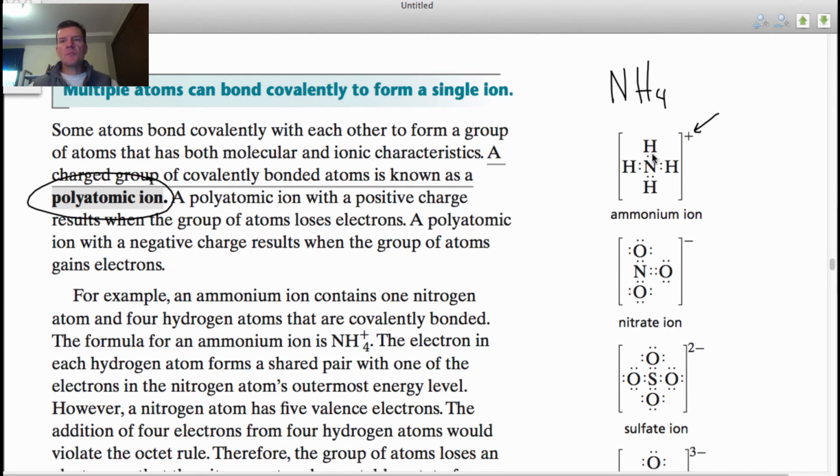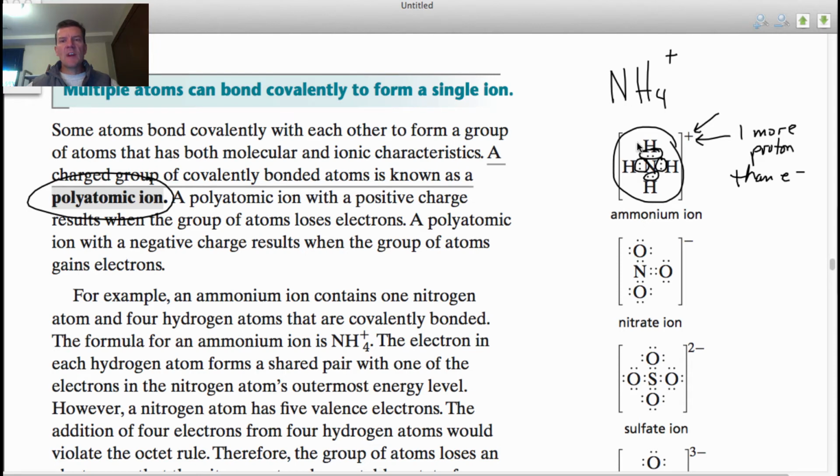This entire group is covalently bonded, sharing electrons here, here, here, and here. But for the entire group, if you count up all the protons and all the electrons in that group, there's one more proton than electrons. So the overall charge on that is a +1.